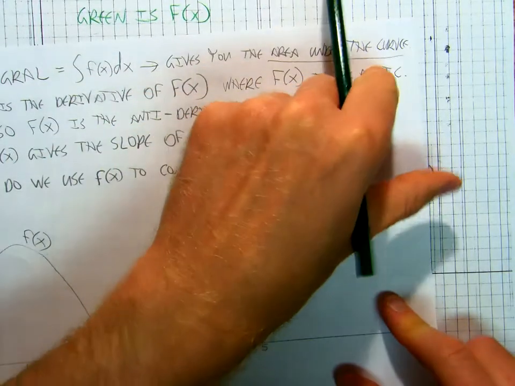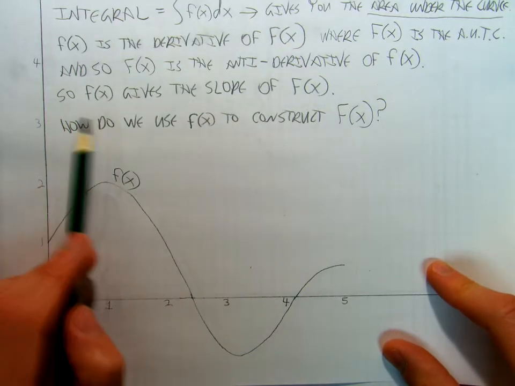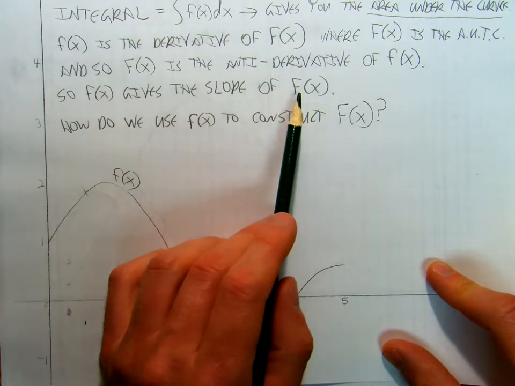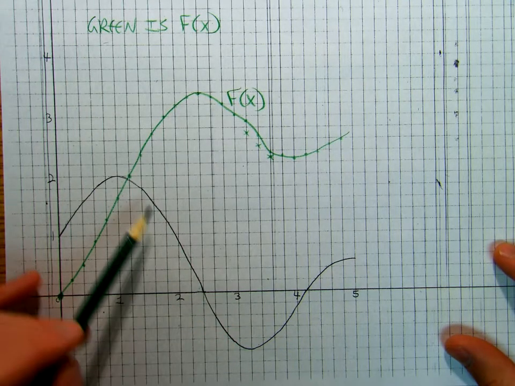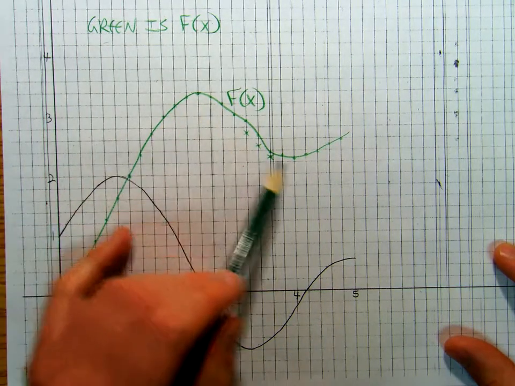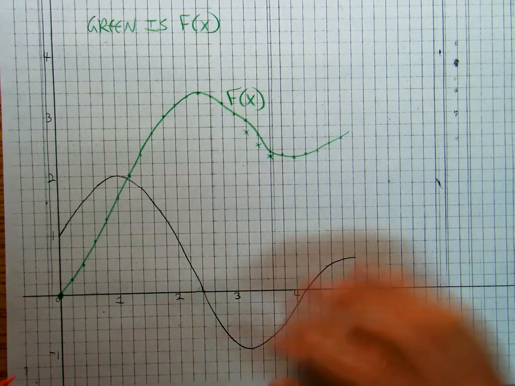I started with the area under the curve, but then I also want to show that f of x is the slope of capital F of x. So f is the derivative of capital F of x.